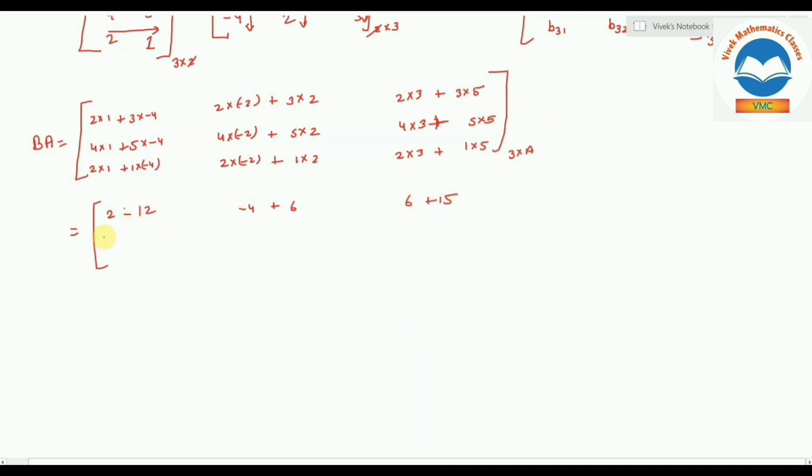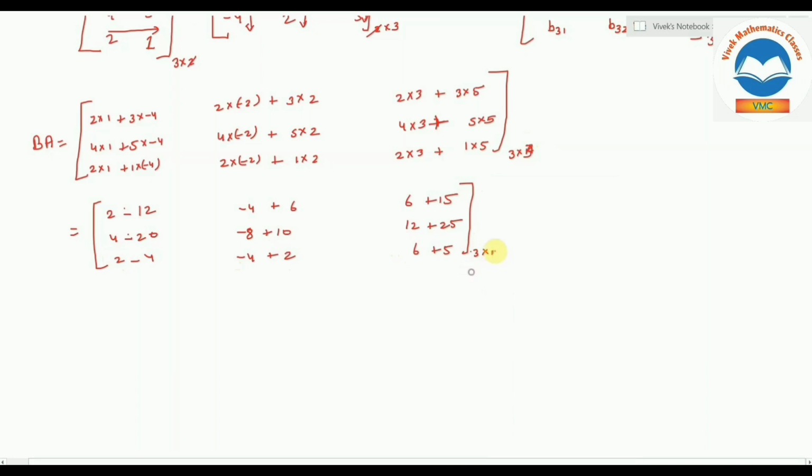Next will be here 4 minus 20, and here minus 8 plus 10 and 12 plus 25. Next third row, it will be 2 minus 4, and here minus 4 plus 2, and next will be 6 plus 5. So this will be your 3 cross 3 matrix of BA.